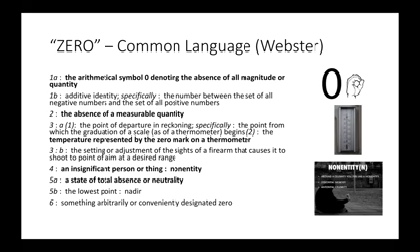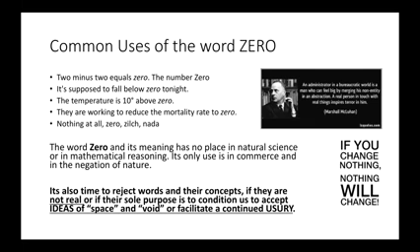Where we can see how this can affect the minds of people. So there's things like 2 minus 2 equals 0. The temperature is 10 degrees above 0. These are the kind of ways that we use it. But a lot of the time it's meant to say zero, zilch, nada.